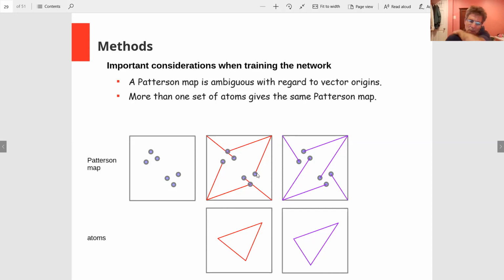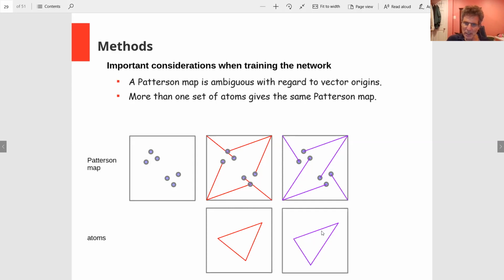well, maybe it's a little bit hard to explain, but the point is that if you take these vectors here and move them to the origins, they will look like this.